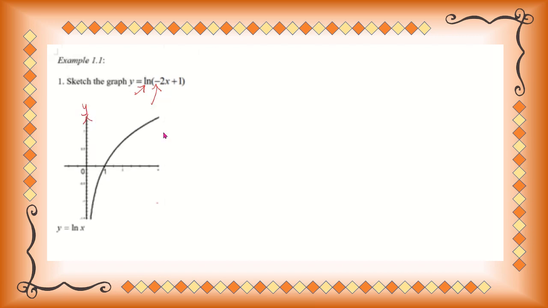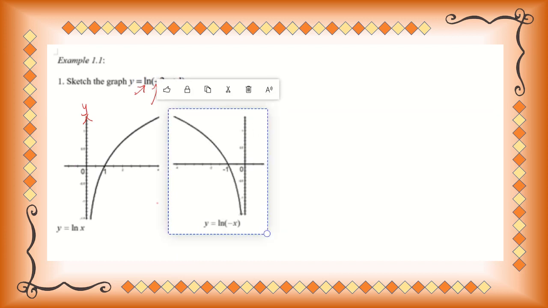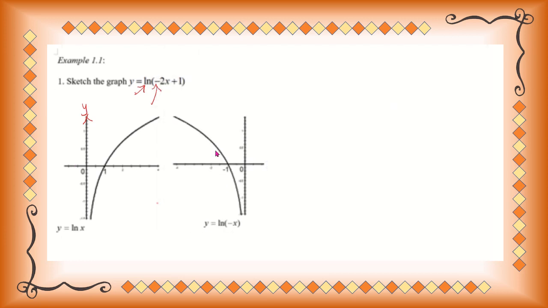When the curve is reflected by using the y-axis, the graph becomes like this. Okay, so that is the graph for y equals ln(-x).